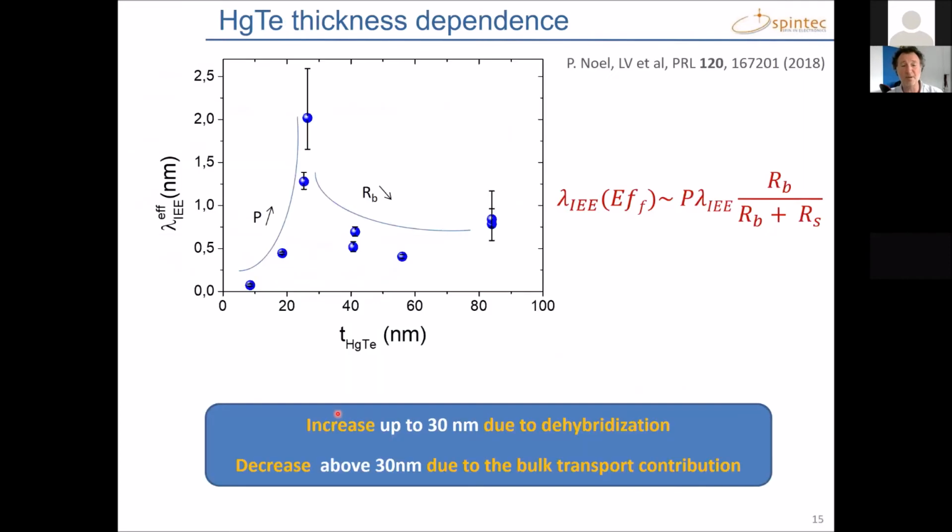So this explains this non-trivial evolution. At first, by increasing the thickness, you decouple the two surfaces and increase the polarization, while at larger thicknesses, the role of the bulk becomes more and more important, and the efficiency of the conversion decreases.